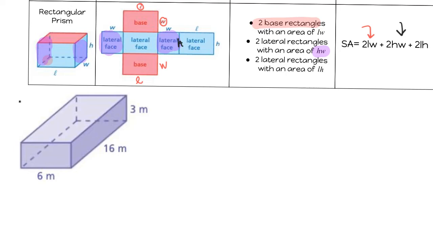And then last, I have 2 of these slightly larger rectangles. And their area is found by the length times the height. So LH. I have 2 of those. So let's call, on this example, this rectangle on top our base.